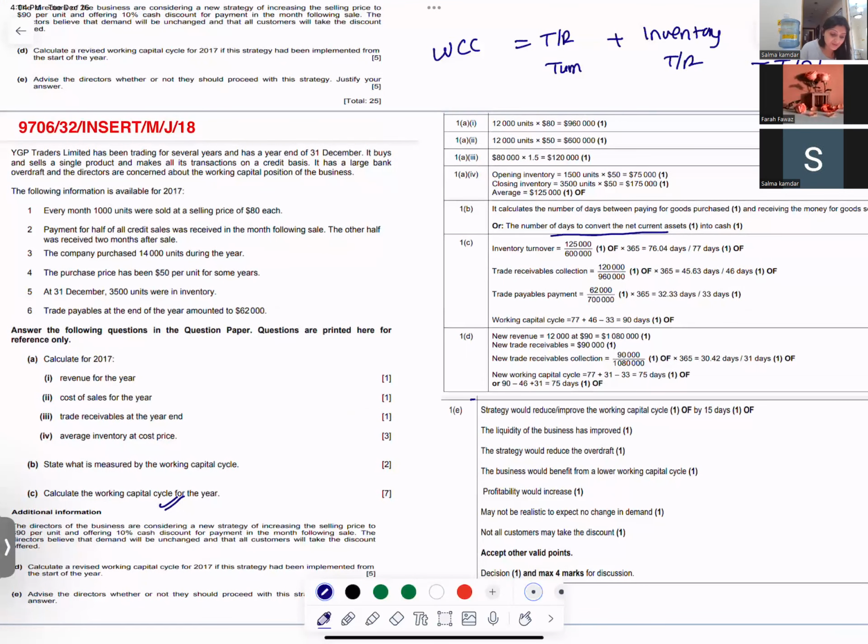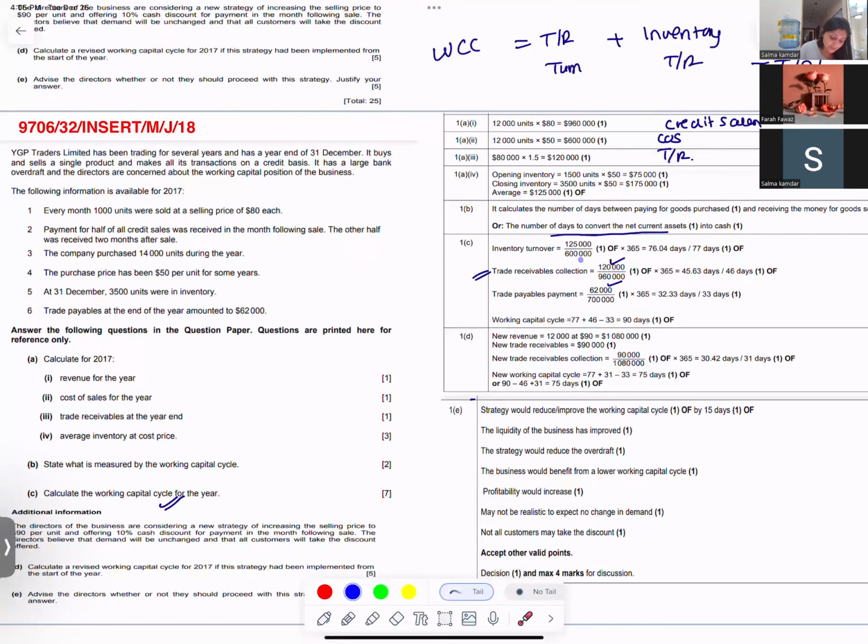So how do you get the trade receivable turnover ratio? It would be 120,000 divided by 960,000, trade receivables over credit sales, times 365. So trade receivable turnover ratio is 45.63, that is making it 46 days.